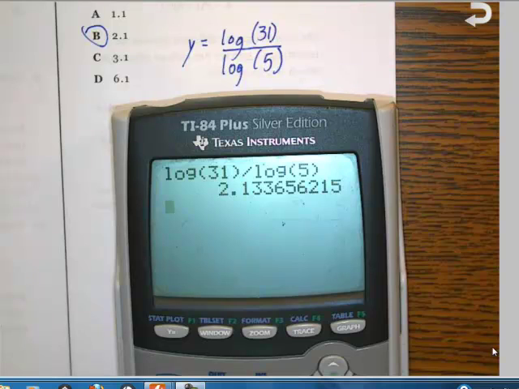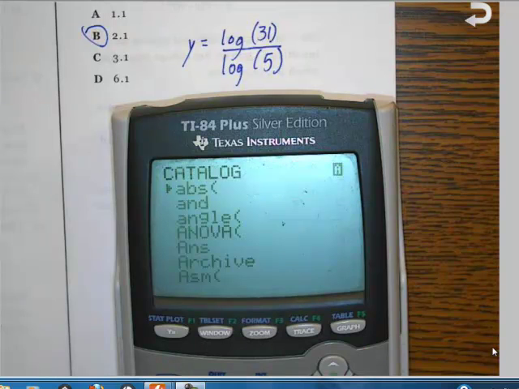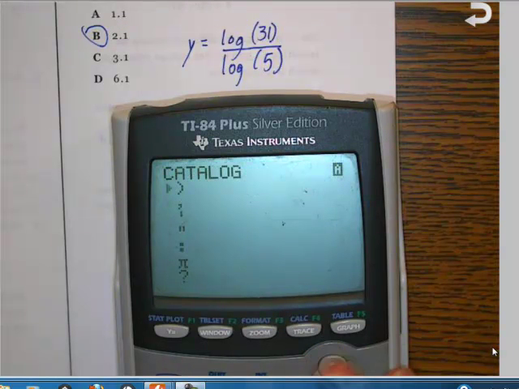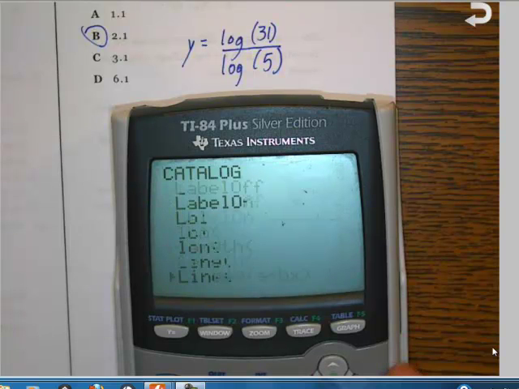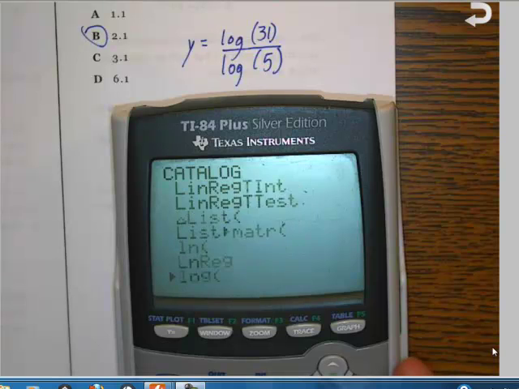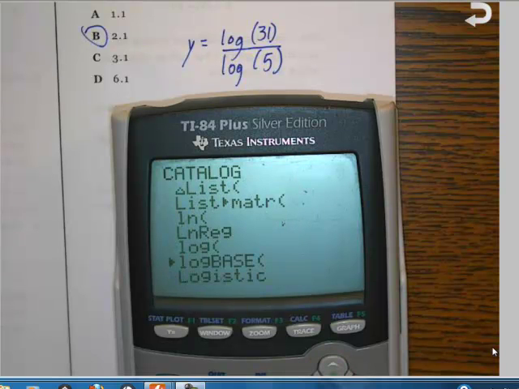Now, those of you who don't believe me, you want to do the log base, okay, we're going to go to the catalog. They see me scrolling, they hating, patrolling. So let's see, we're going all the way up to log base. Actually, this is going to take us a while. So we say alpha, and alpha L for log. And then we go down to scrolling, log base.